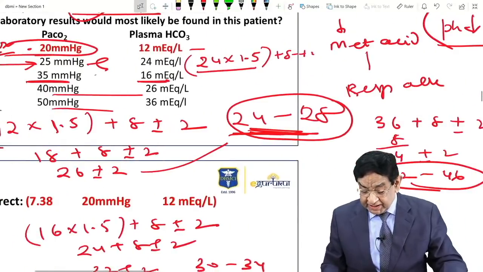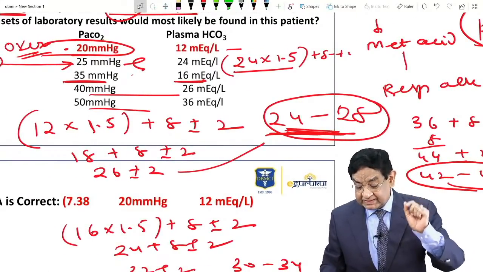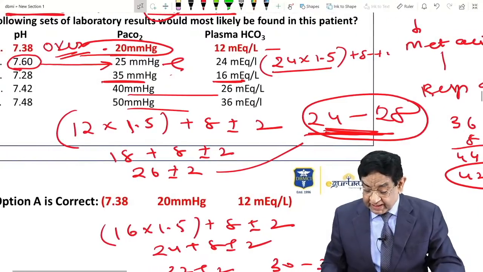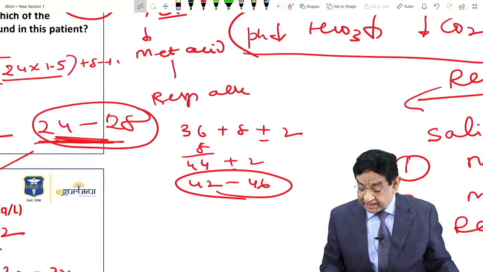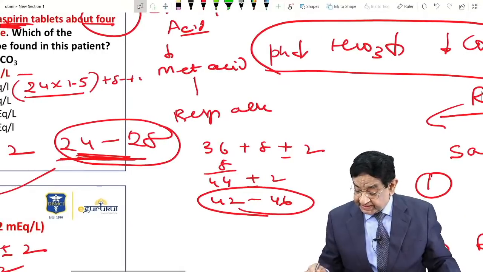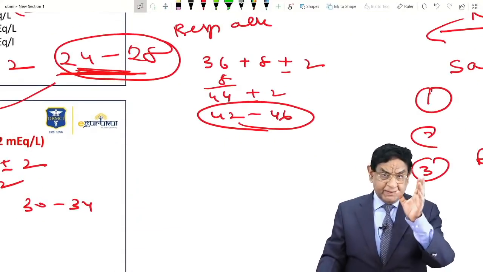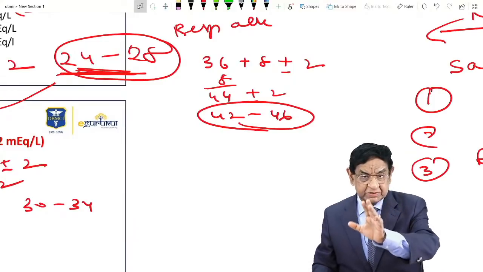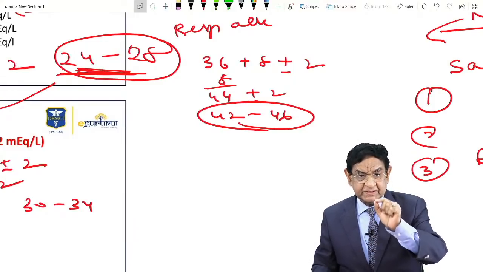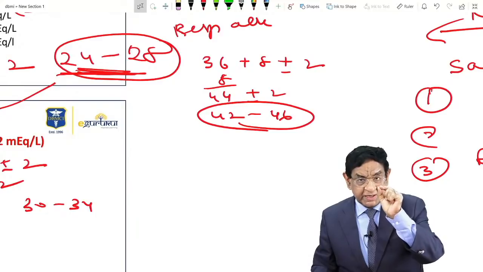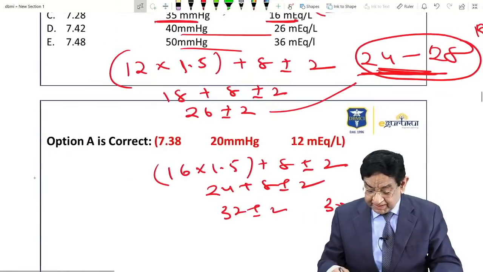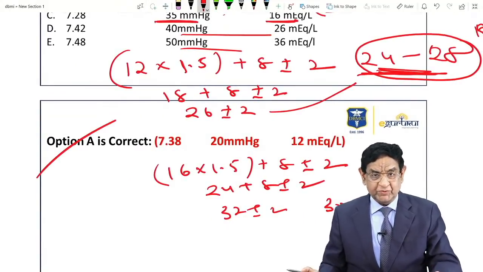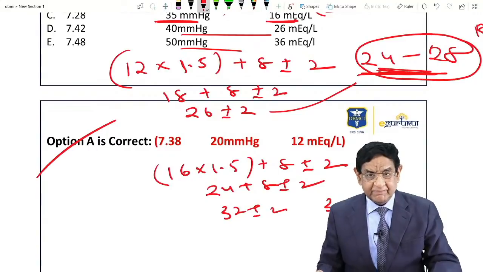So all are closely resembling, but if you calculate, the only one going toward metabolic acidosis with respiratory alkalosis is this stage where he is. Metabolic acidosis and respiratory alkalosis is going on, and after some time it will be only respiratory alkalosis. Hence, this is the best answer. Beautiful question, really closely resembling.